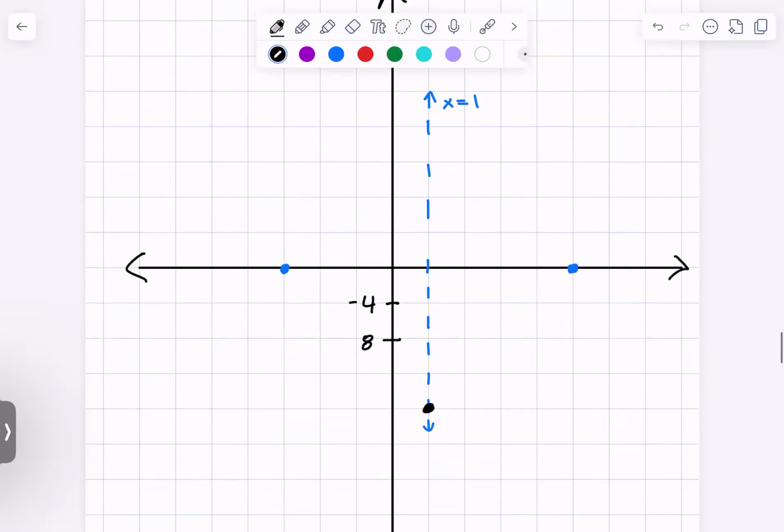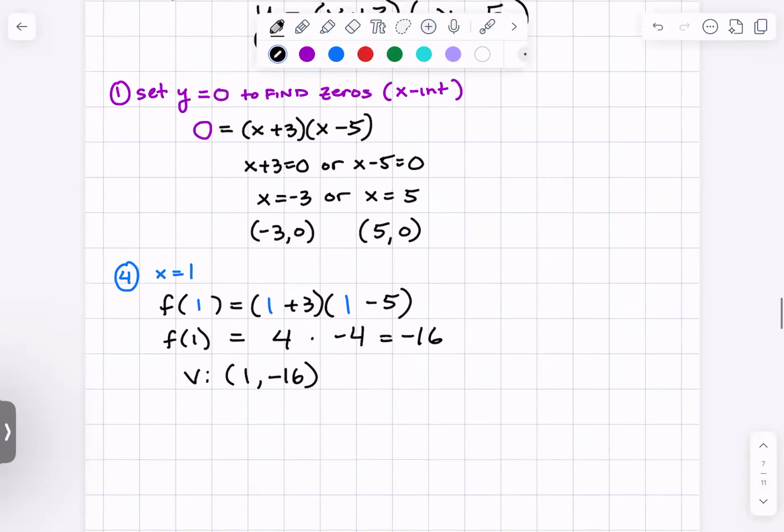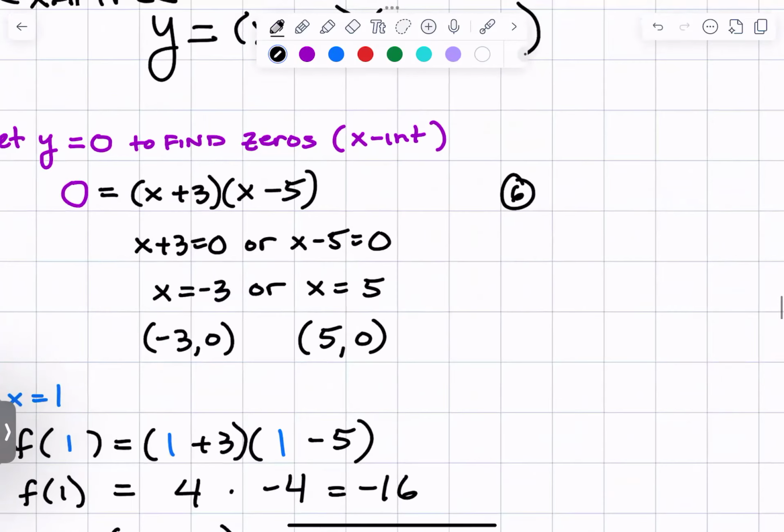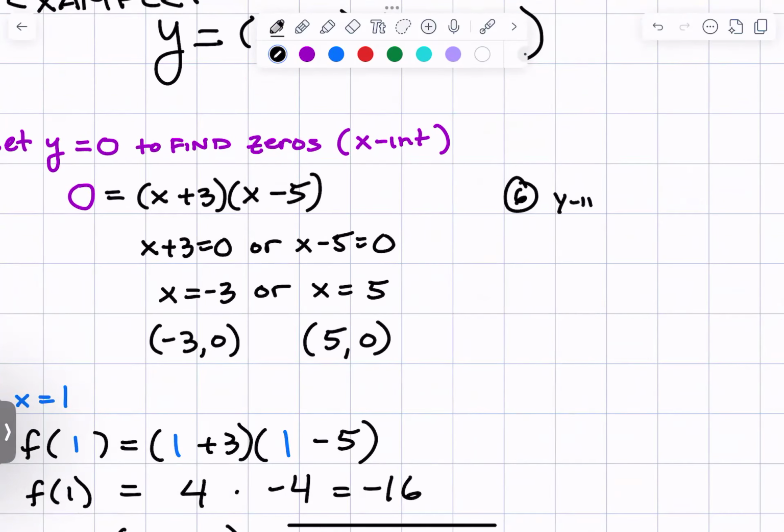I'm going to find my y-intercept. Okay? To find my y-intercept, I'm going to make x equal to 0. So if I make x equal to 0, f of 0 equals 0 plus 3 times 0 minus 5, right?